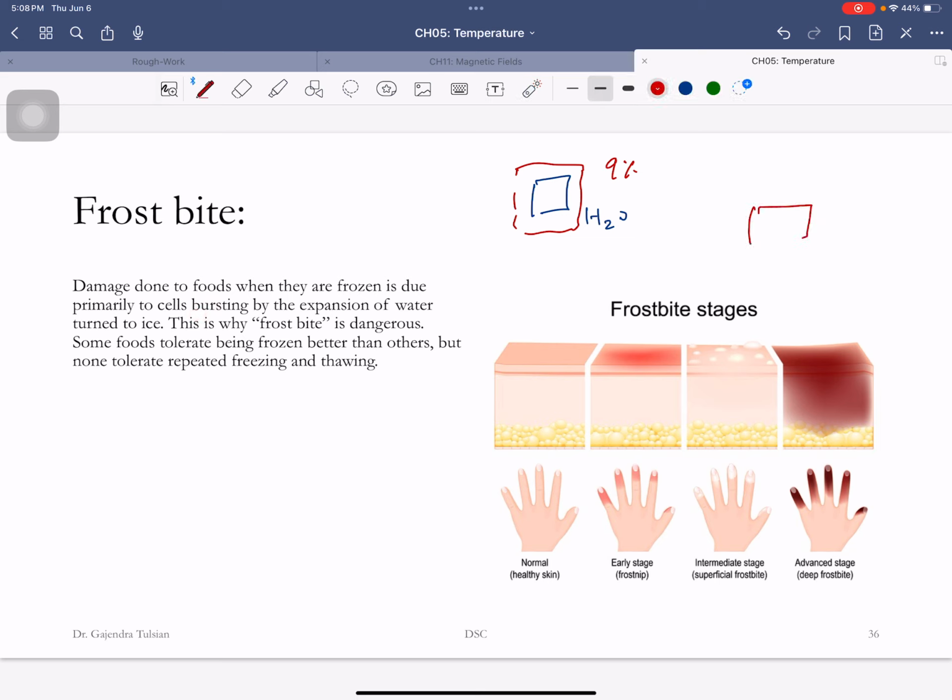In your cell, there's plenty of water, and when you freeze a cell, the water freezes, it expands, and the cell will burst. And so of course the cell dies. This is why frostbite is dangerous. Some foods tolerate being frozen better than others, but none tolerate repeated freezing and thawing. Anyway, you damage your cells by freezing, because when water freezes, it expands and it breaks up the cell.